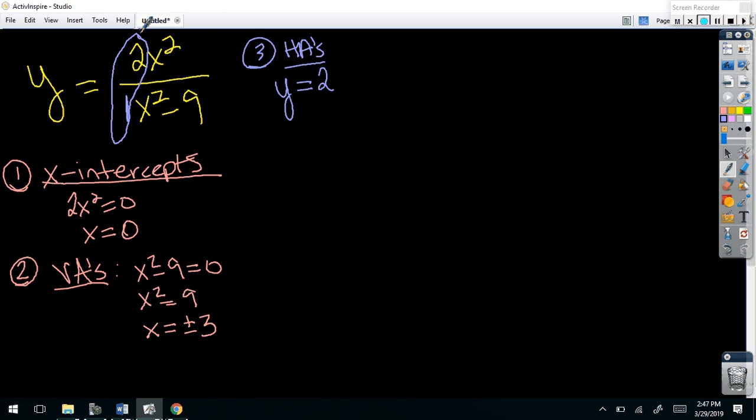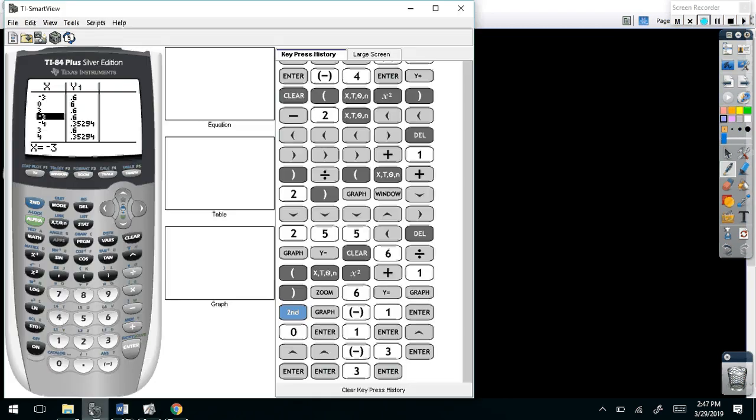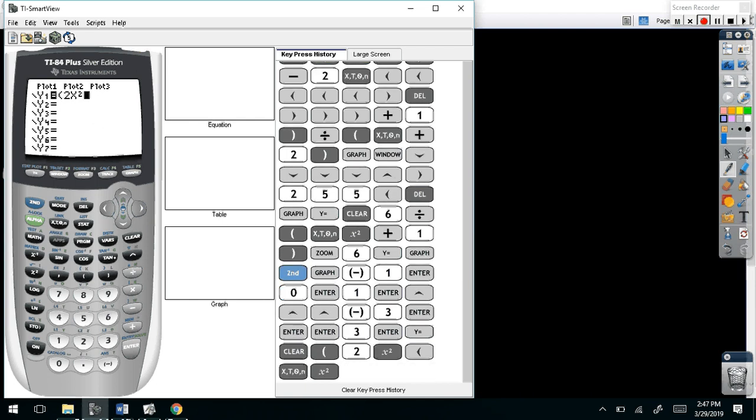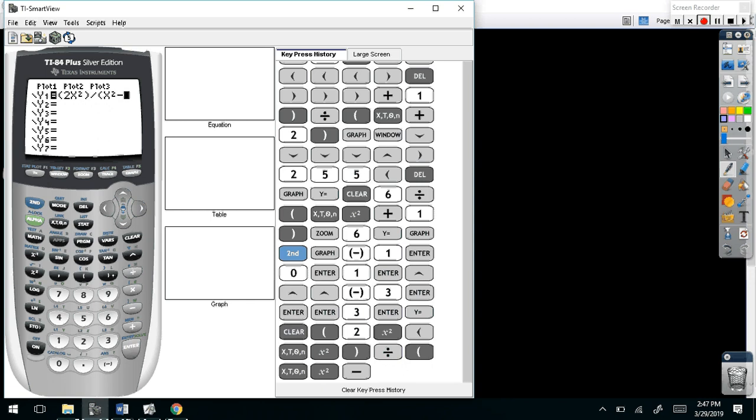All right, let's graph it. Be very careful with your parentheses on these. Y equals 2x squared divided by x squared minus 9. Is it safer just to put them all in parentheses?